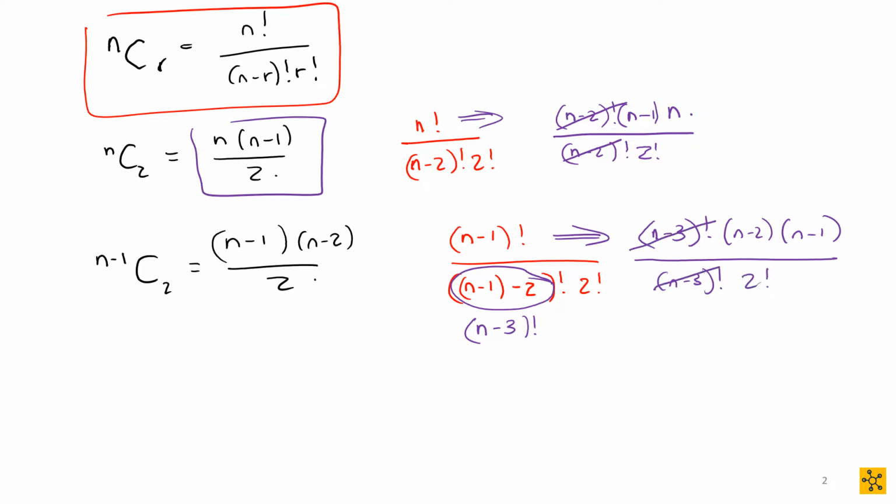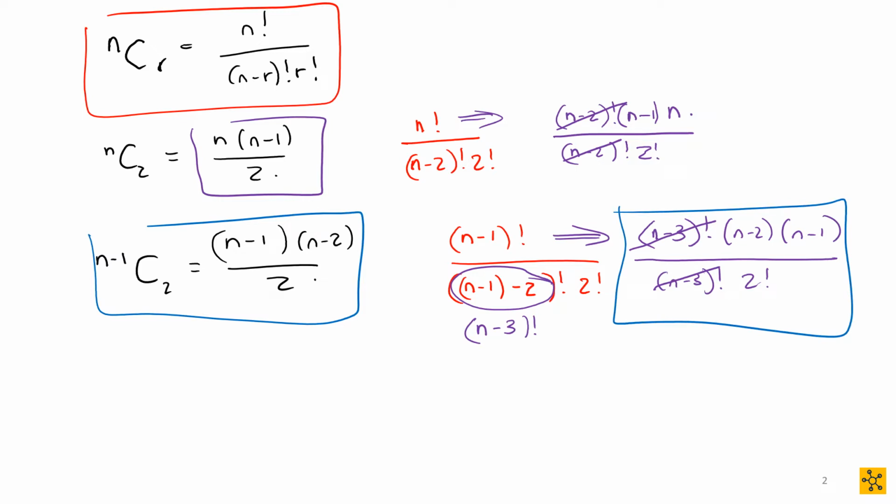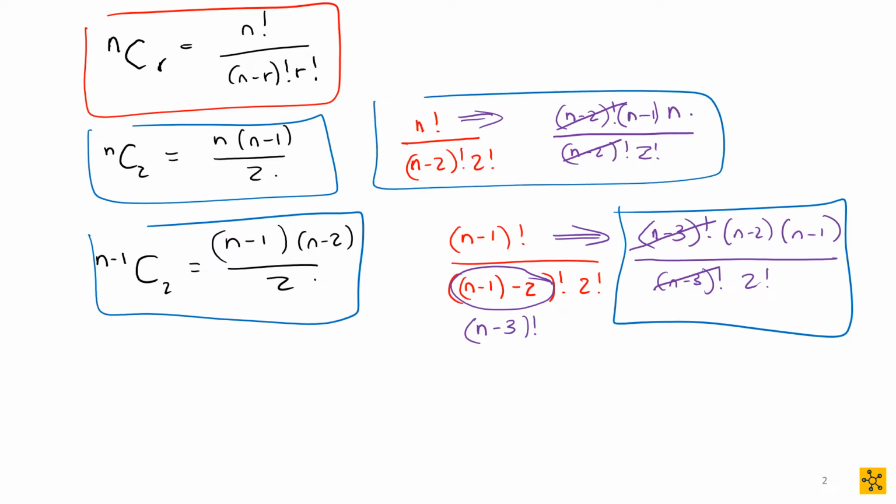So that cancels with that, and 2 factorial is just 2. So we have this coming from this piece here, and we have this coming from this piece here.